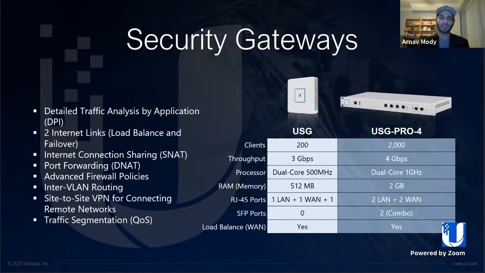It has a lot of features in there, like DPI (deep packet inspection), load balancing and failover. It has DNAT, advanced firewall policies, inter-VLAN routing. Something that's been very common this year is VPN, site-to-site and remote access VPNs. It can manage all your traffic. So there are a lot of different features that come in this device.